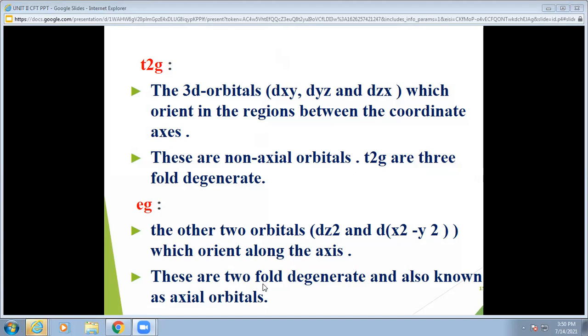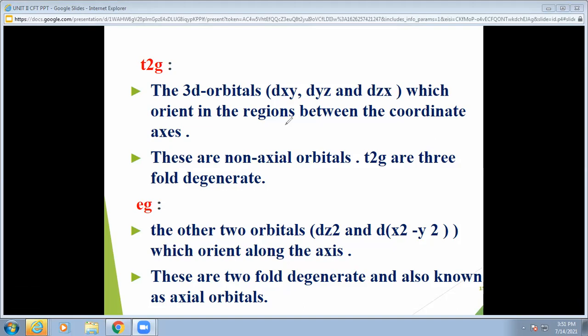This is the doubly degenerate set, the two-fold degenerate orbitals, also known as axial orbitals. T2g means three-fold degenerate orbitals.